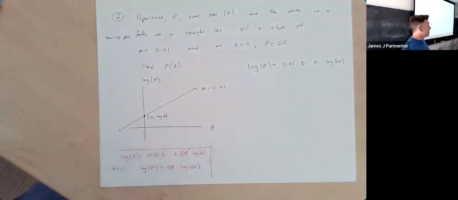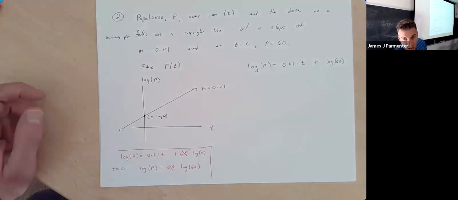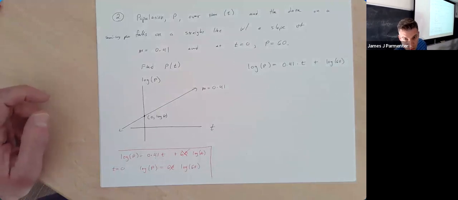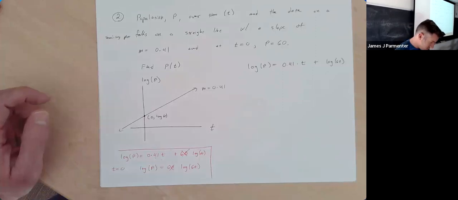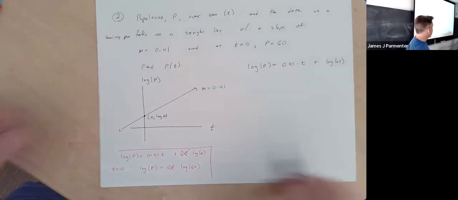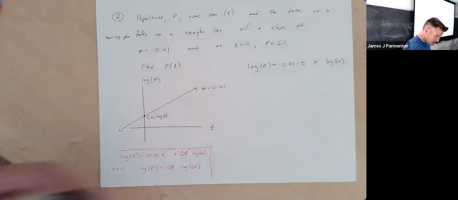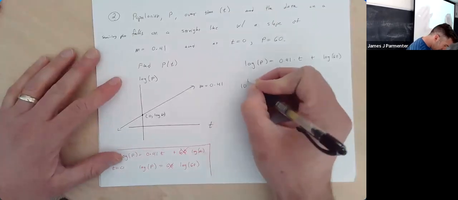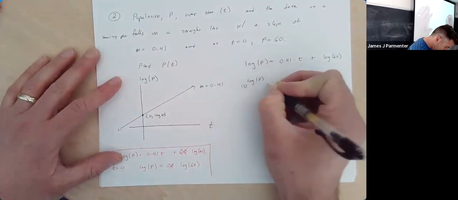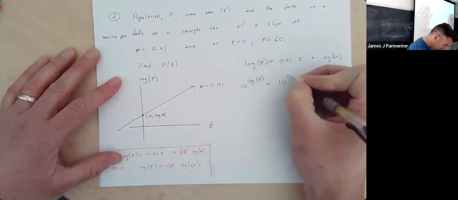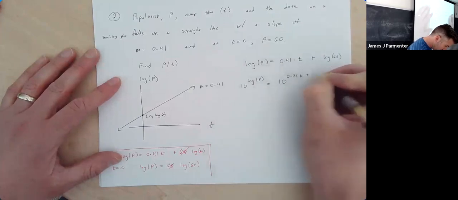And then it's the same sort of process. Now we're going to have a different looking answer, but we're still going to raise both sides to a power of 10. So I'm going to say 10 to the log of P equals 10 to the 0.41 T plus log of 60.